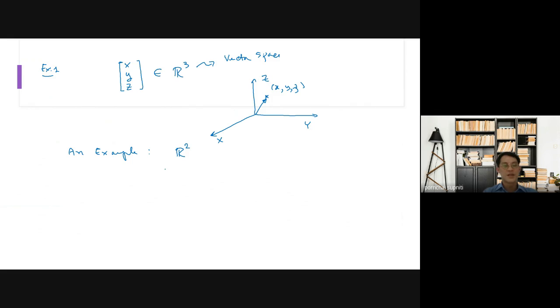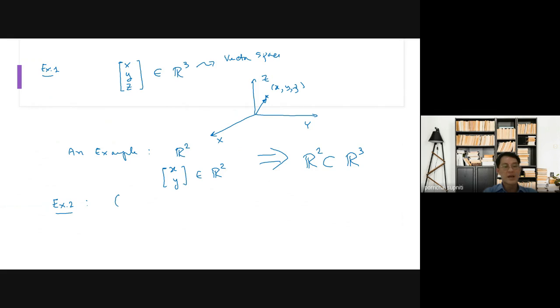If we have a vector of only x and y, which is in R squared, we can typically say that the 2-dimensional real number space is a subset of the 3-dimensional real number space. So this is an example. This one is quite explicit, right?